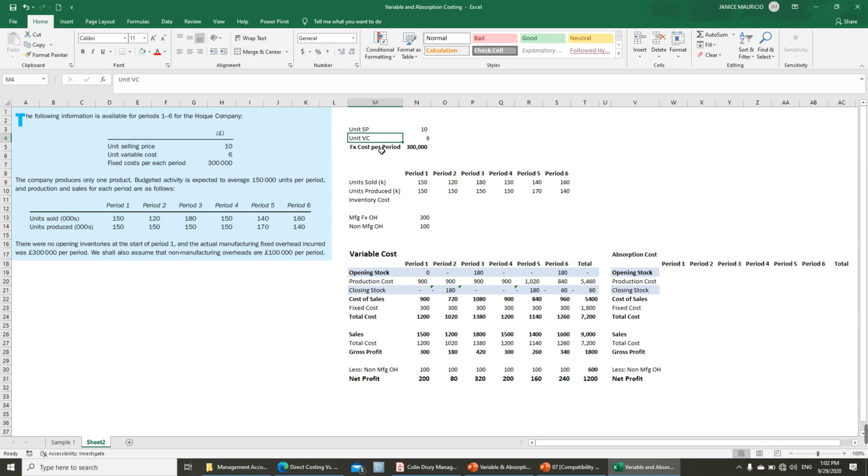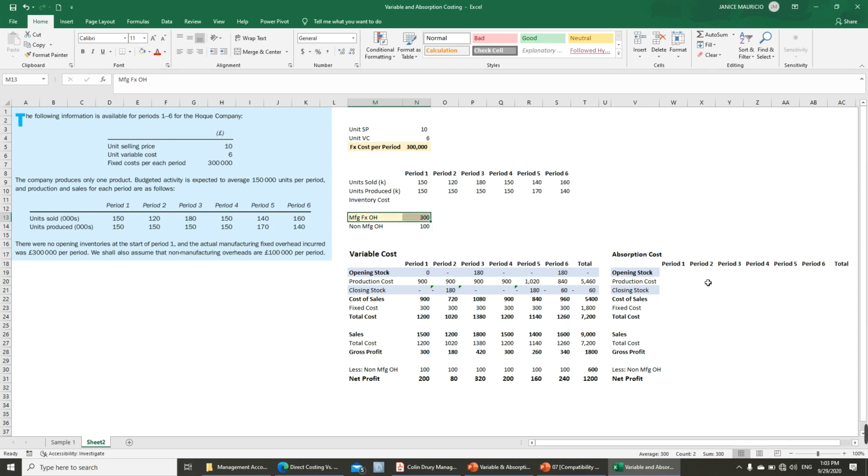So for variable costing, it just considers the variable manufacturing cost. In absorption costing, this one also considers the fixed manufacturing overhead that is incurred in the period. So it considers this 300,000, which we just put in thousands.